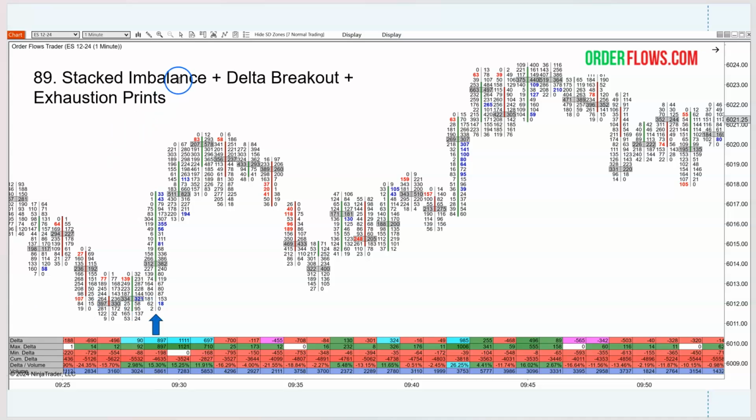Now again, stacked imbalance, you could determine, do I want to use 2? Do I want to use 3? You could use 3. You could use 2. Usually traders have it pounded into their heads that for stacked imbalance they have to use 3. But you can use whatever you want, right? You could use 2, you could use 3, especially if you're scalping, right? You're looking for quick hits. Right here, if I was scalping, I got delta breakout.